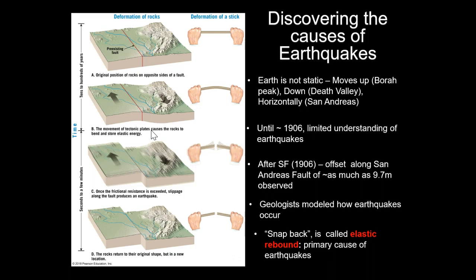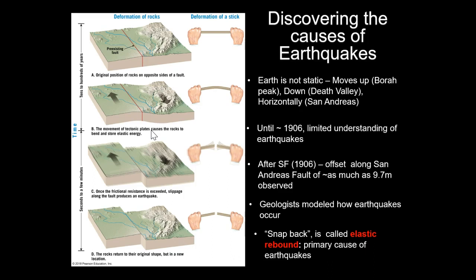And we also know that movement is not restricted to vertical motion, so things don't just move up or down, but they can also move horizontally, which creates offsets of, for example, fences, roads, river courses, etc. So there is movement of the Earth, not just up and down, but also sideways, and also sometimes a combination of both of them.